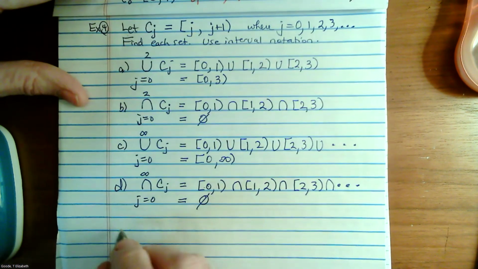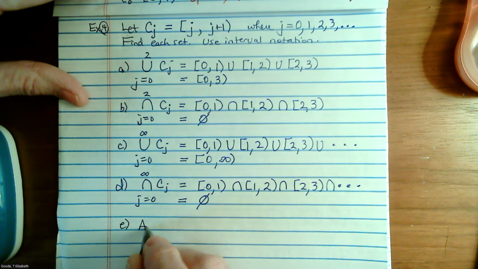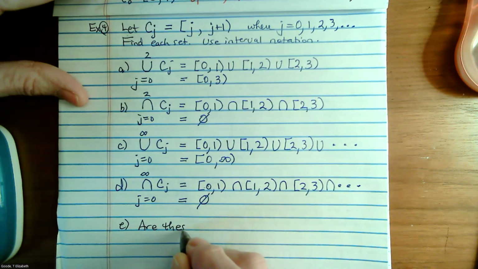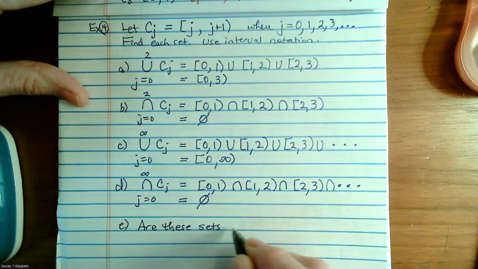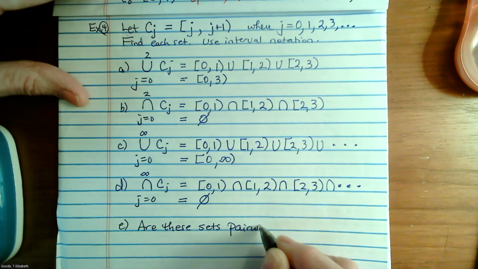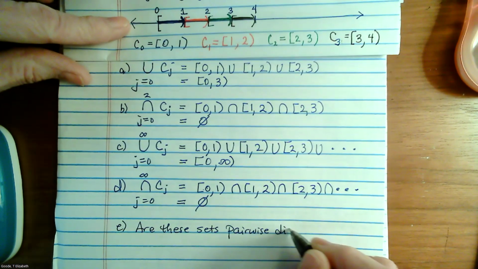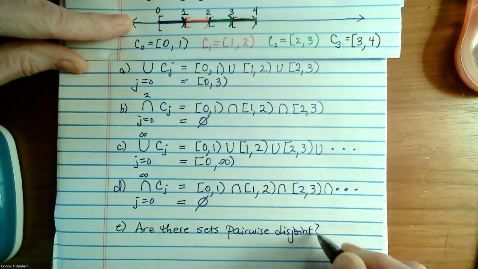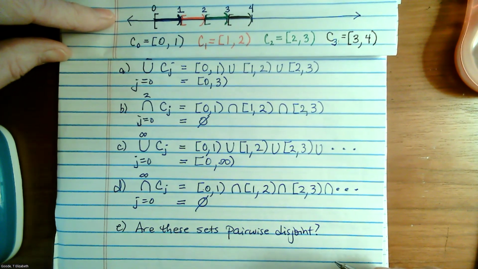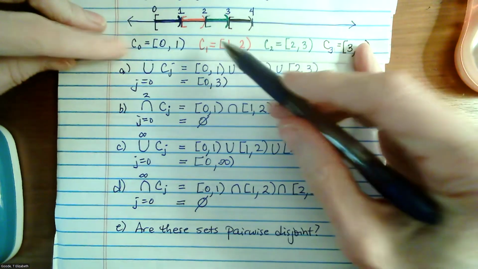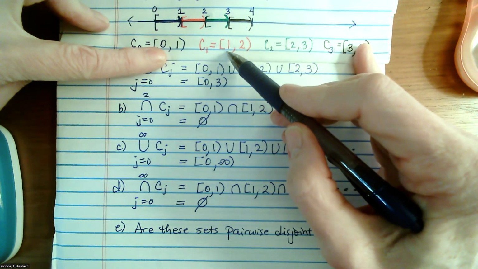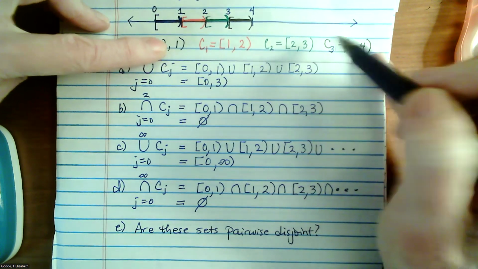So are these sets mutually disjoint or pairwise disjoint? If you take any two of them, do they have empty intersection? If you take these two and look at their intersection, is it empty? What about these two? What about these two?